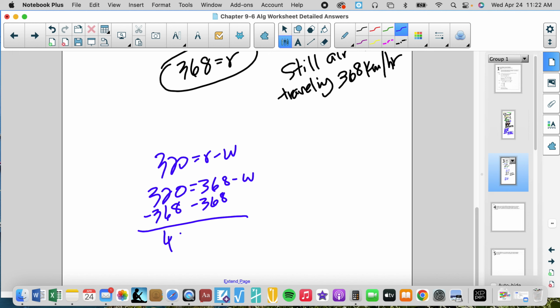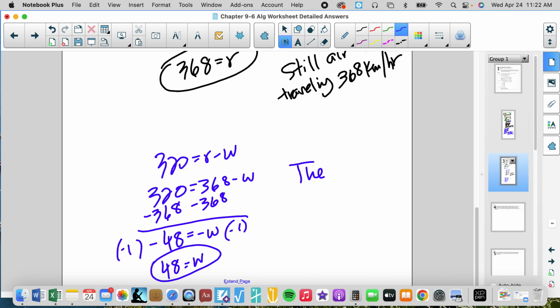And I think we get negative 48 equals negative W, multiplied by negative 1. We get 48 equals W. So the wind is 48 kilometers per hour.